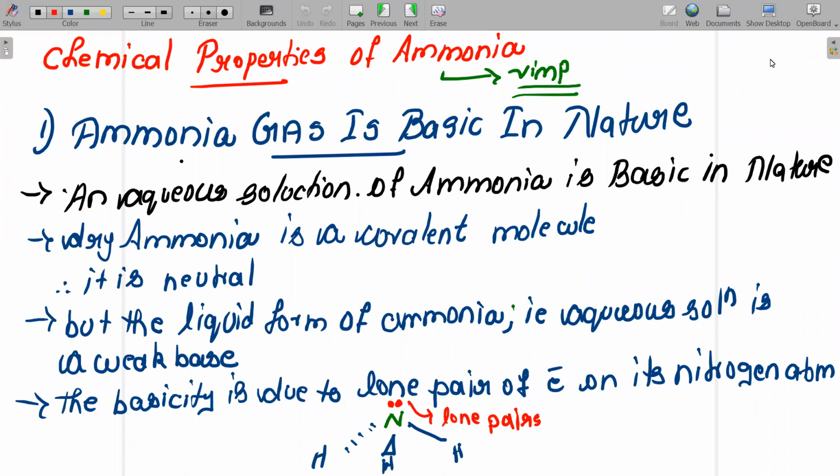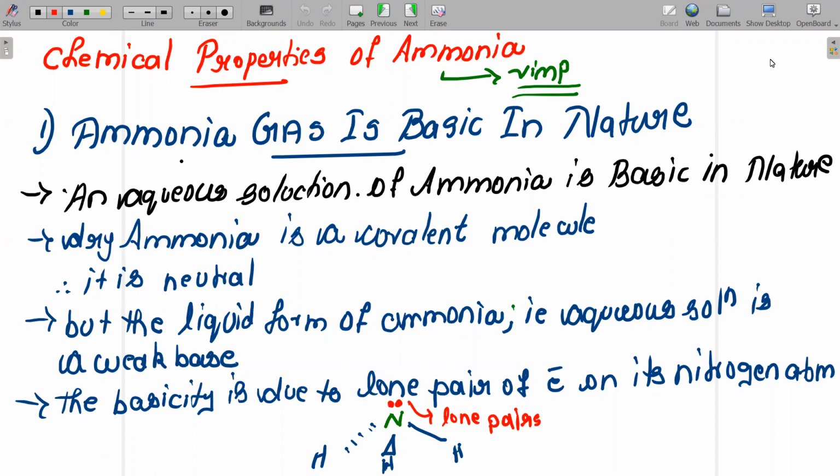Why? The reason is nothing but calcium oxide won't react with ammonia. All others will react. The reason was ammonia is basic in nature. Understood? Any doubts? So listen carefully, children.